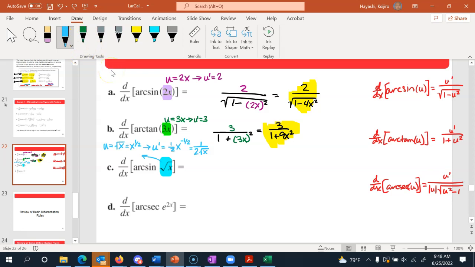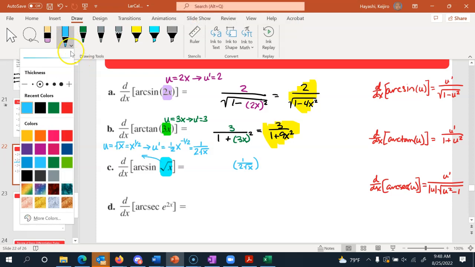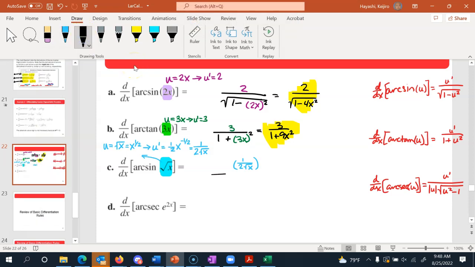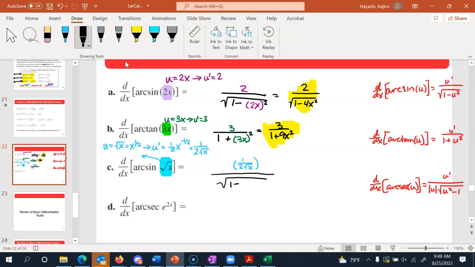So if we put these into the arcsine derivative, u prime is 1 over 2 square roots of x. That goes on top. That's a whole fraction that goes on top, over the square root, because this is a derivative of arcsine, of 1 minus u squared.